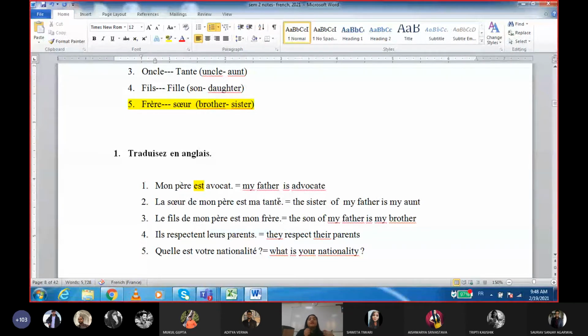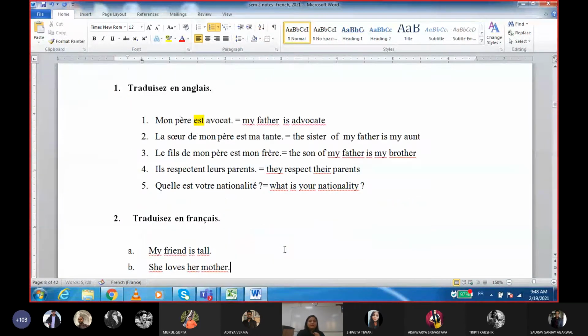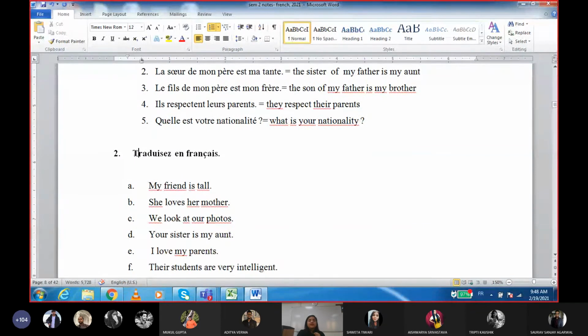All right, so this is one way of translating in English. Now the other way: traduisez en français, translate in French. What I have decided is that in every chapter I have included traduisez en français because translations are very important. Whenever you have translate in English, we'll do it then and there.